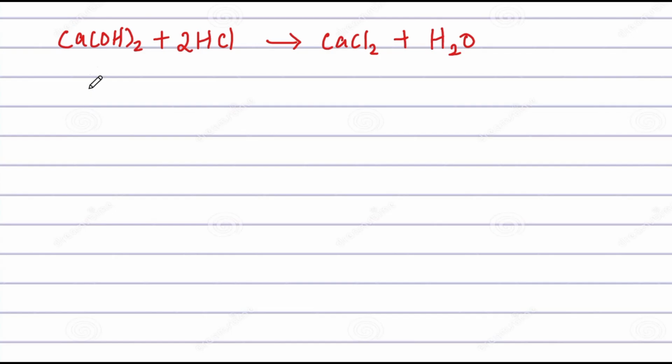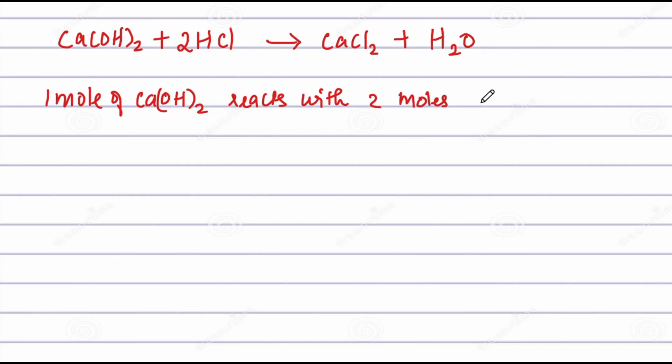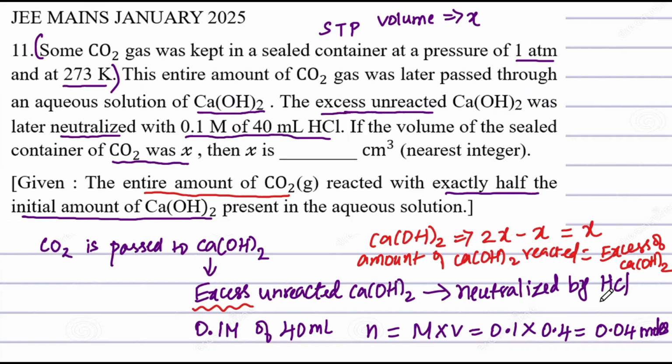So from this balanced equation, 1 mole of Ca(OH)2 reacts with how many moles of HCl? 2 moles. 2 moles of HCl. Therefore, how many moles of Ca(OH)2 reacts with, here we found the number of moles of HCl as 0.04 moles?